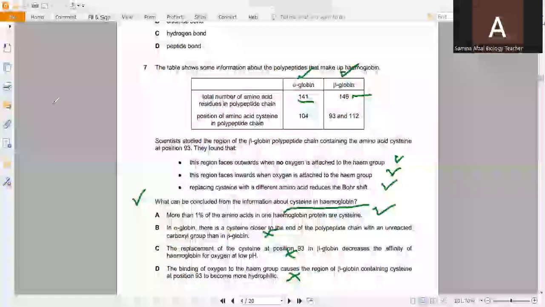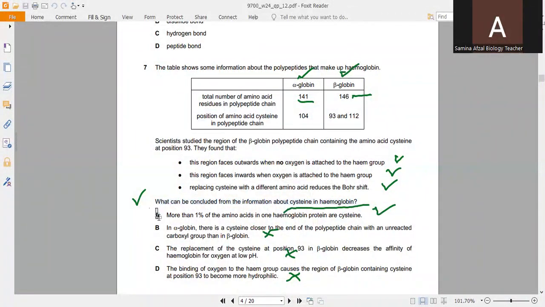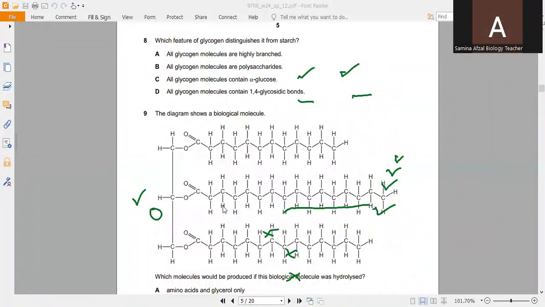Now we are moving towards question number 8. Yes, we are on question number 8. Which features of glycogen distinguish it from starch?